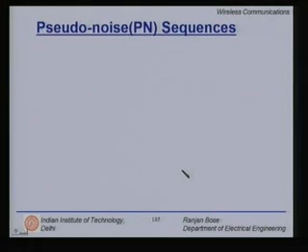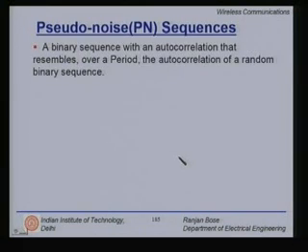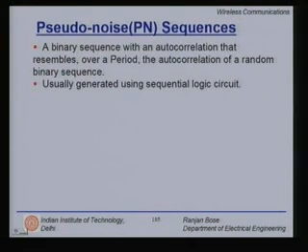Now, to do spread spectrum techniques, you have to have something called pseudo noise sequences or PN sequences. A binary sequence with an autocorrelation that resembles, over a period, the autocorrelation of a random binary sequence is called a pseudo noise sequence. It is usually generated using a sequential logic circuit.